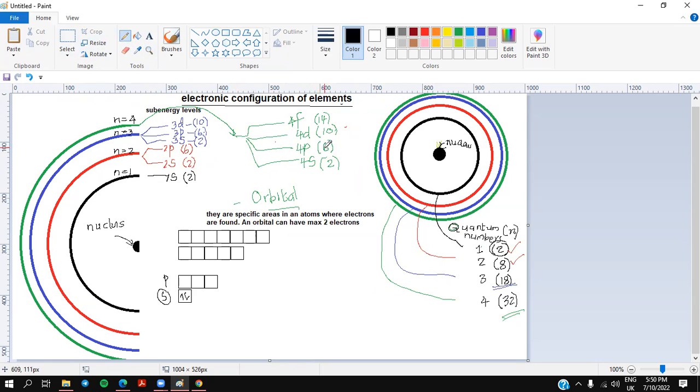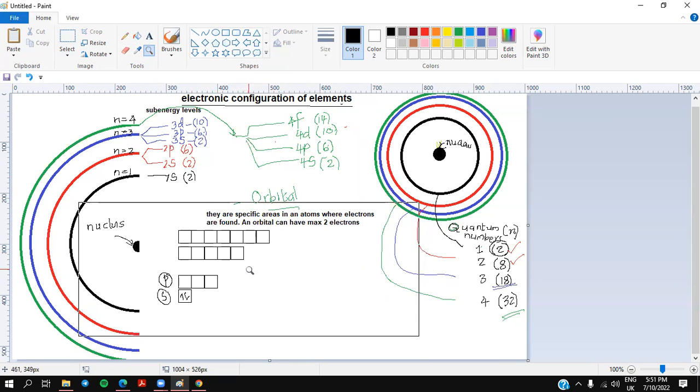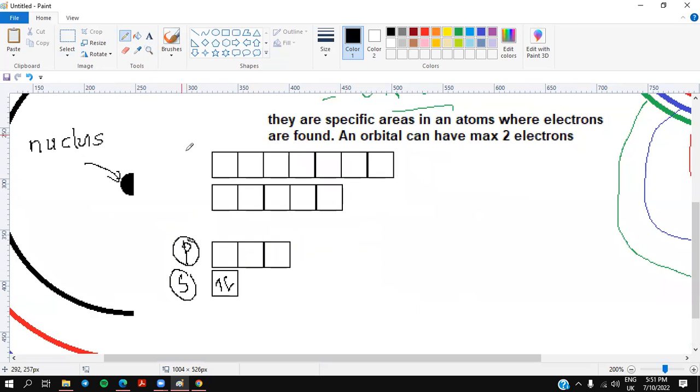Because there are 6 electrons, and they are kept in orbitals, 2 electrons in an orbital, for 6 electrons there should be 3 orbitals. Here I have shown p orbitals. In the p sub-energy level, there are 3 orbitals.